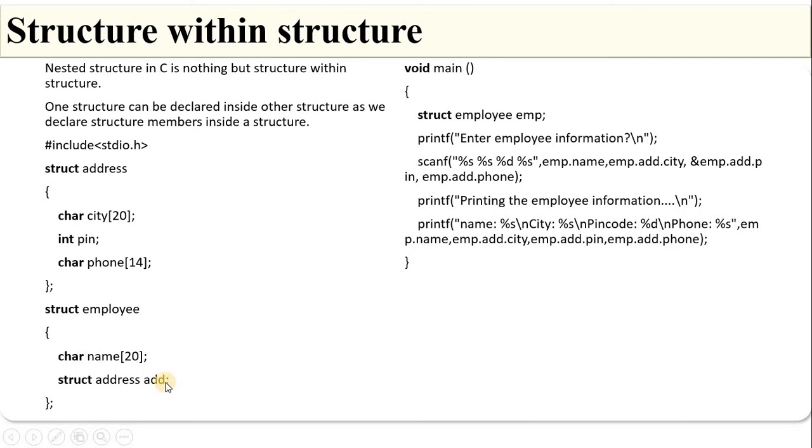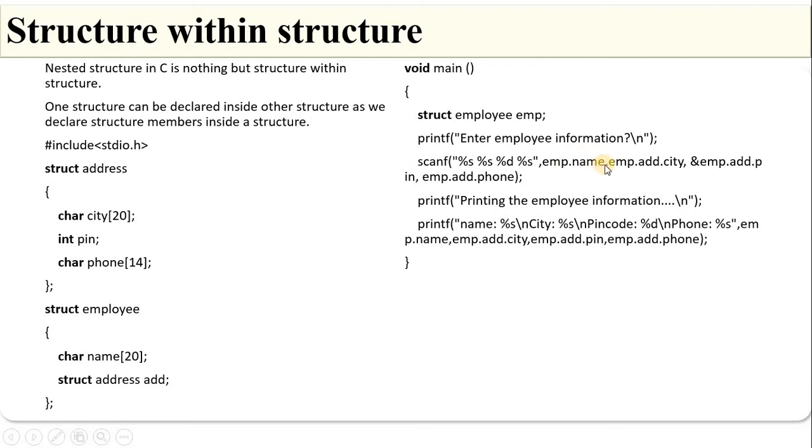Thus, I should be using emp dot add dot, if I want city, I'll say dot city. If I want pin code, I'll say emp dot add dot pin. Right? Similarly for the phone number.